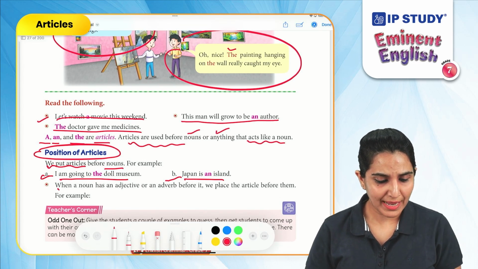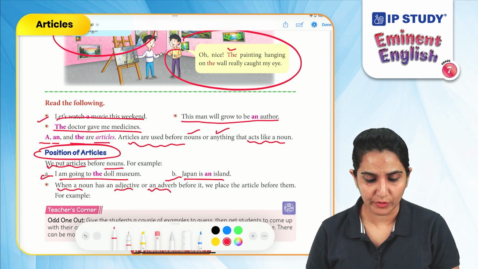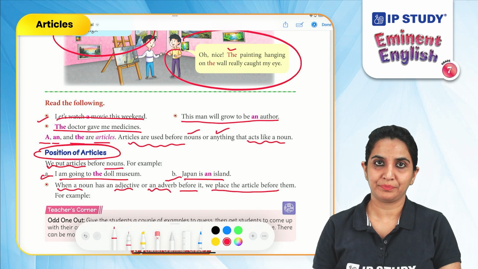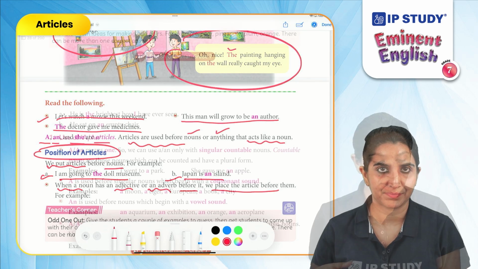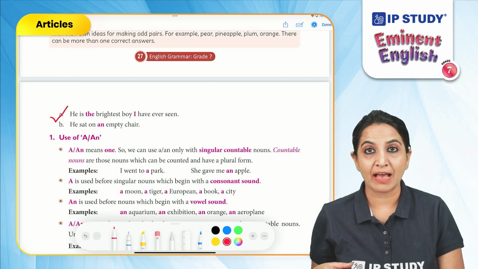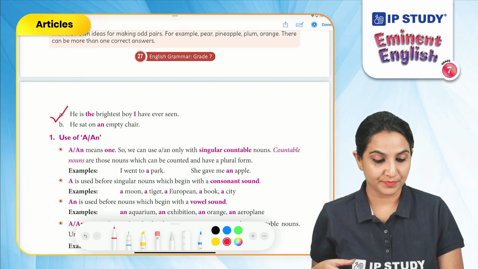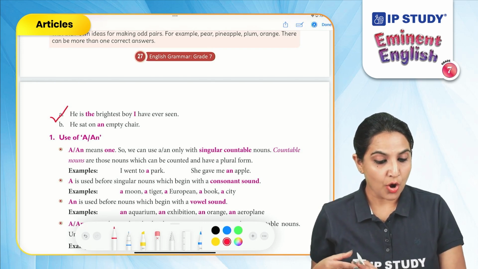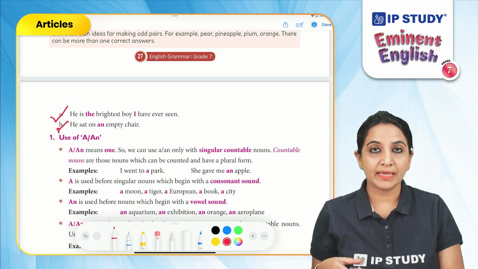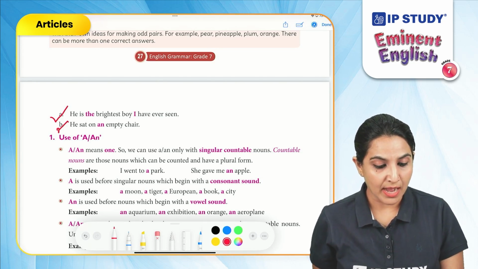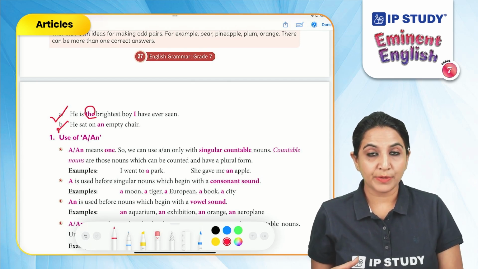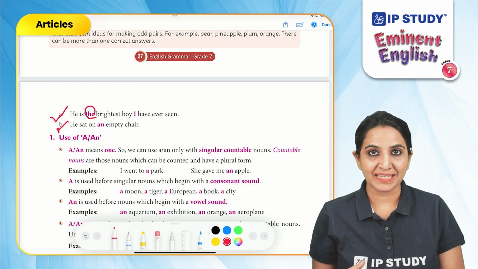When a noun has an adjective or an adverb before it, we place the articles before them. Let us read some more examples. He is the brightest boy I have ever seen. He sat on an empty chair. Now here in these two sentences, article the has been used before brightest boy.